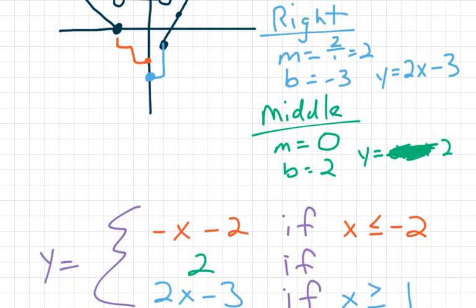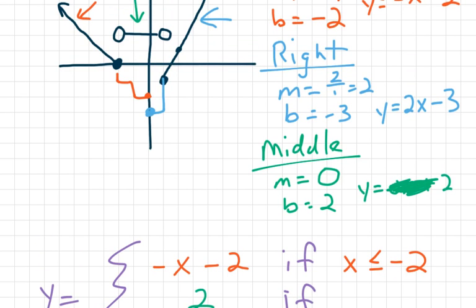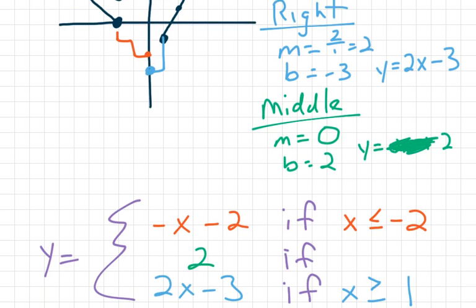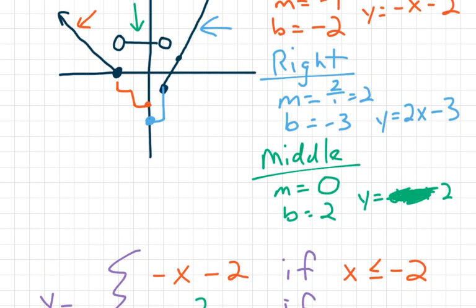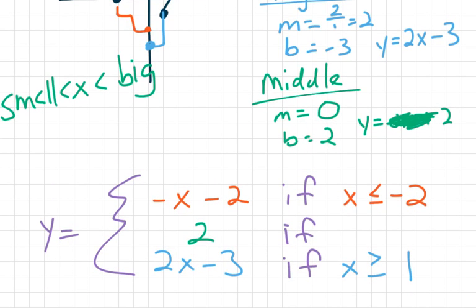Now the middle one, this one's a little tricky because we're in between 2 numbers. So if we're in between 2 numbers, then we can use a compound inequality. Okay, this is going to be one where we use the small less than x less than big. And since we have open circles at both of them, our inequality symbols are going to be strictly less than.